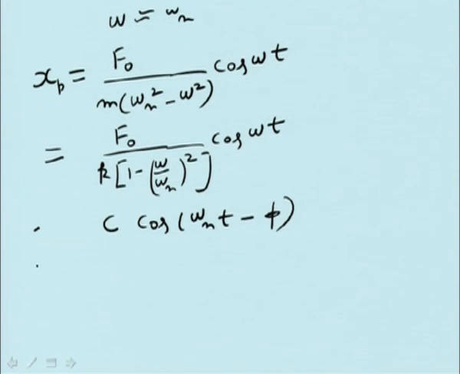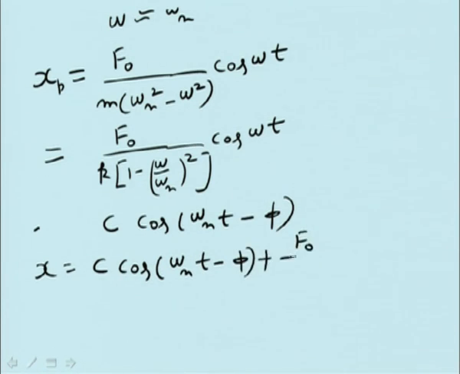Therefore x is equal to C cos(omega n t minus phi) plus F0 divided by m times (omega 0, which is omega n square, minus omega square) cos omega t.